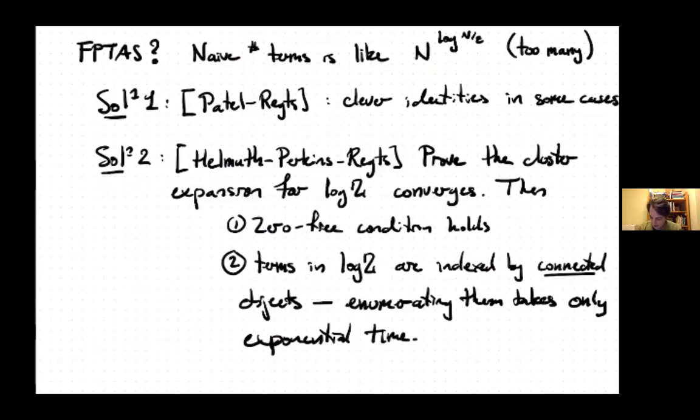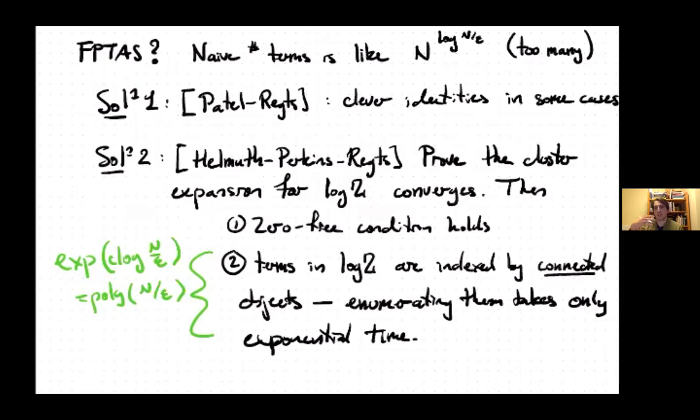And then you're in good business, because here, if we only have to go up to objects of size log n over epsilon, it might take us exponential time to enumerate them, but it's still a polynomial in n over epsilon. So the point is that because we only need to compute logarithmically many terms, we can use exponential time algorithms and still remain polynomial.